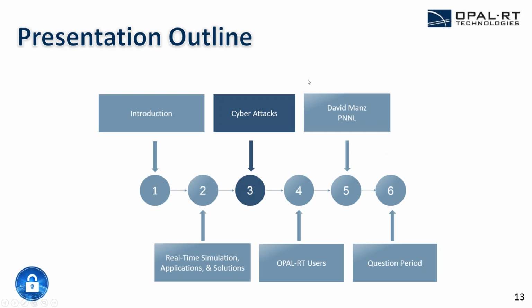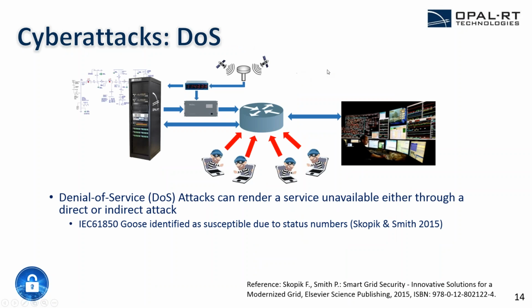The next section will present a few cyber attacks that are of interest to power system professionals. The first one being denial of service. DOS is commonly what renders search engines and social media networks unavailable. A lot of us are familiar with this, but the same principle applies to the power grid.